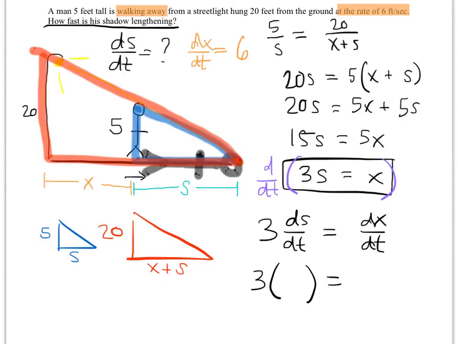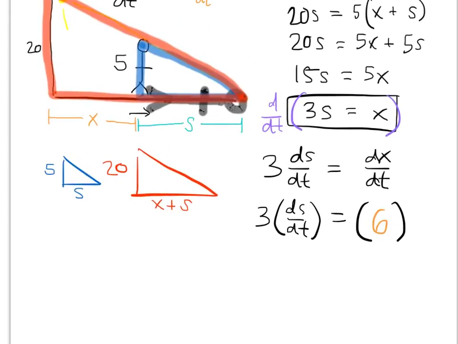3 times something equals something. So we are solving for ds/dt. And we know that dx/dt is a positive 6. Since he is slowly walking away from the light, that means x is growing. So, believe it or not, that's actually all we have to do now. And then let's divide by 3 to get our answer. ds/dt must be equal to 2.